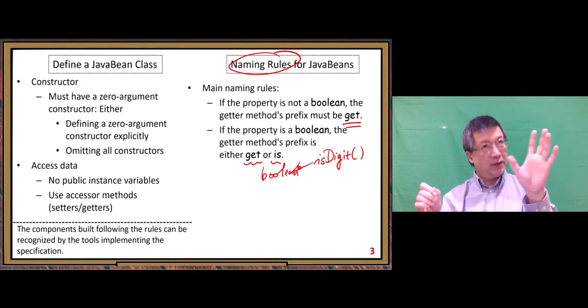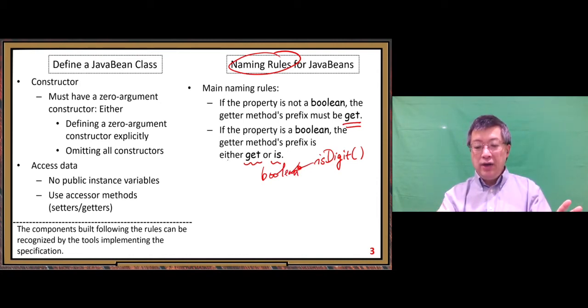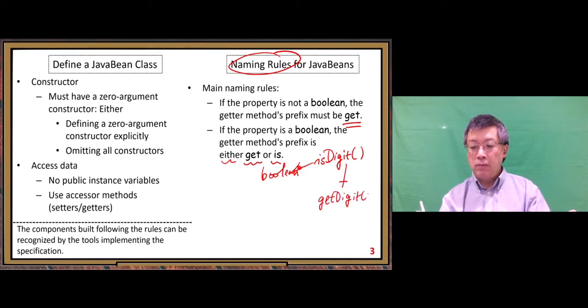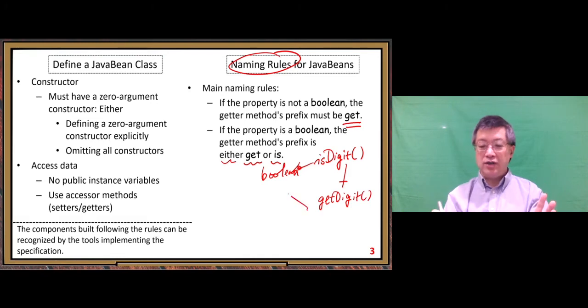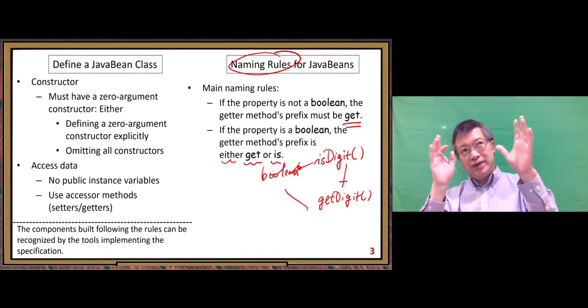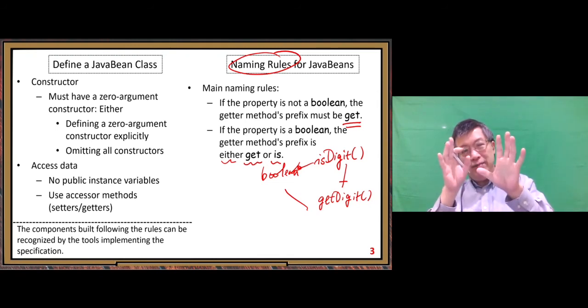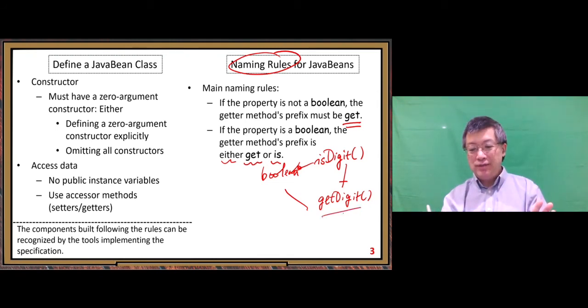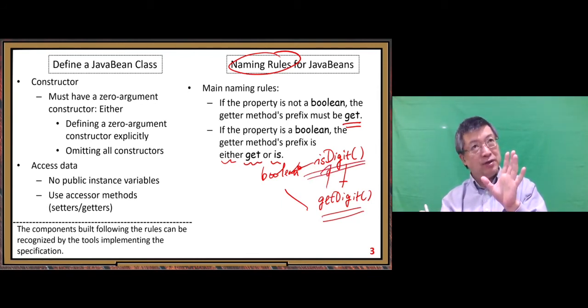But since it is either or, you can also name it getDigit, which returns a Boolean variable, true or false. From the language understanding point of view, this is not as natural as that one, so most programmers like to use the is version.